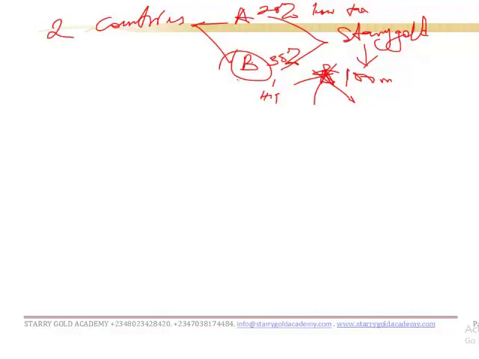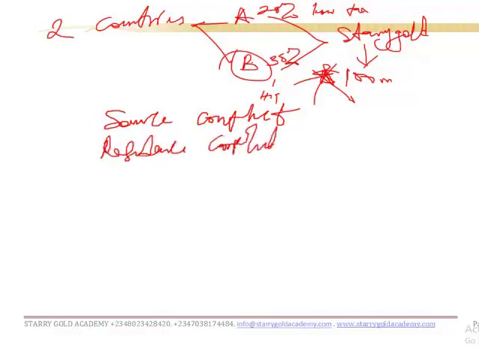So there are a number of conflicts which can arise in international taxation, such as source conflicts, that is where the income is being generated from, and residence conflicts, where the head office or the management that controls the business resides.